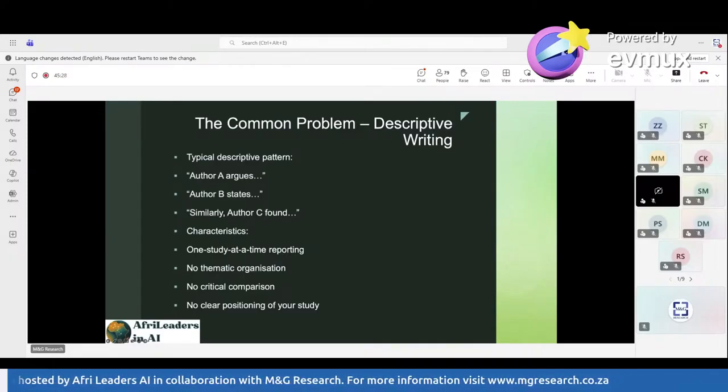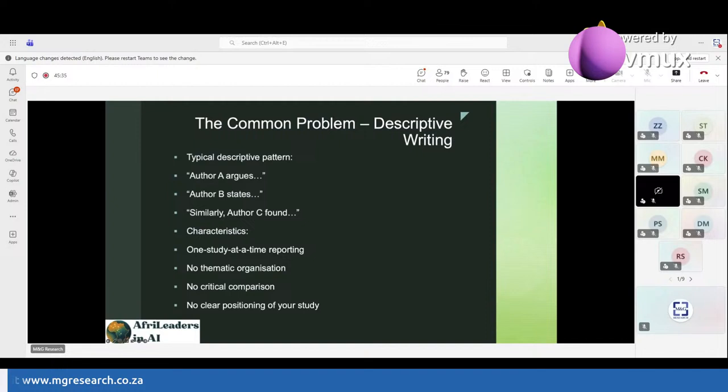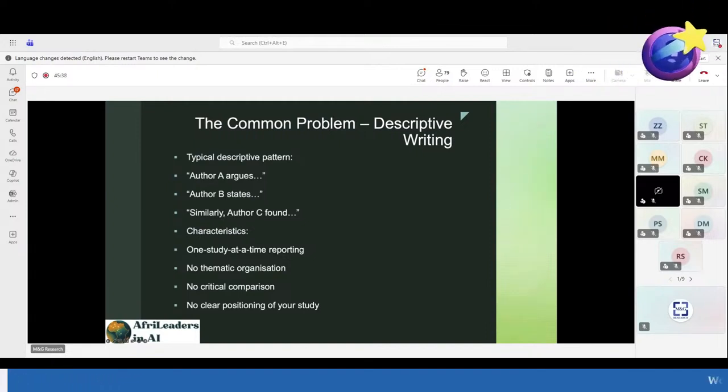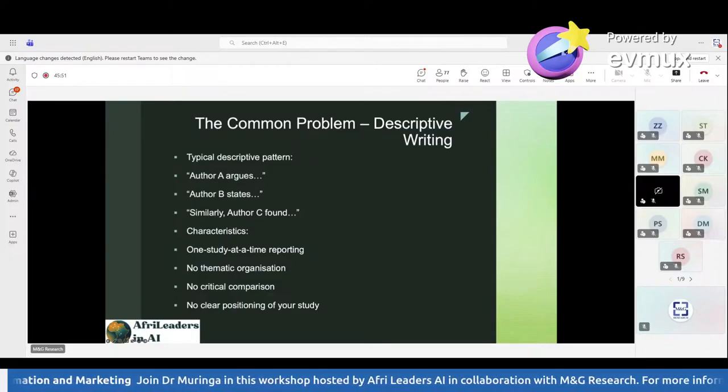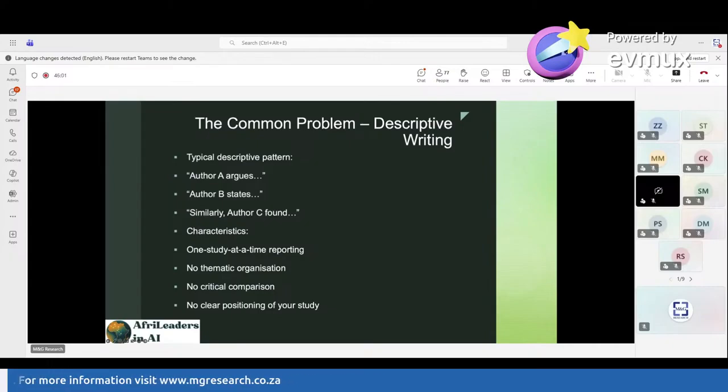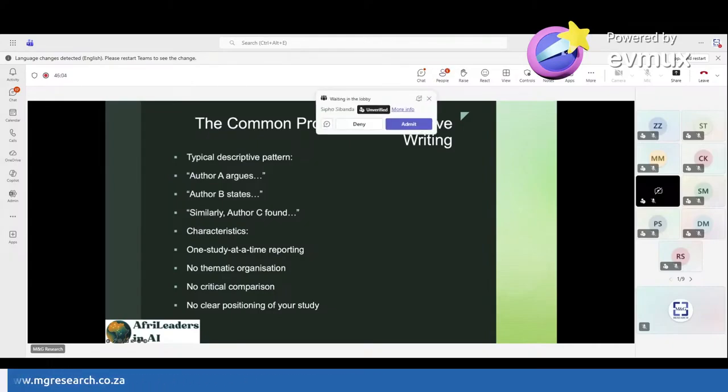So there are typical patterns for descriptive writing in your literature review, as it pertains to students who are submitting their work. The first thing that worries me a lot in master's theses, PhD theses and dissertations is that you would find the whole literature review starts by saying author A argues that, author B states that, similarly, author C found that, right?